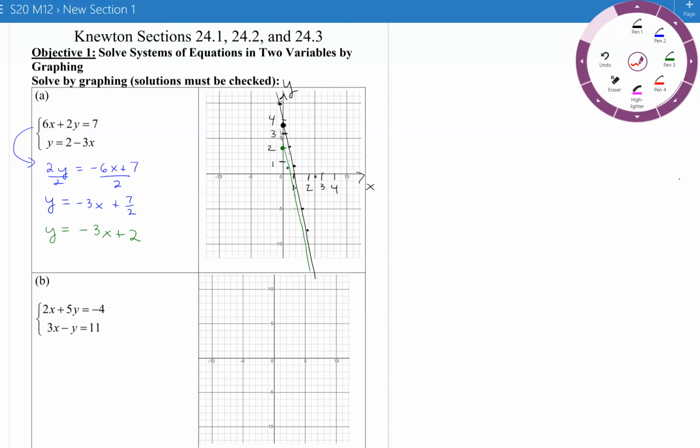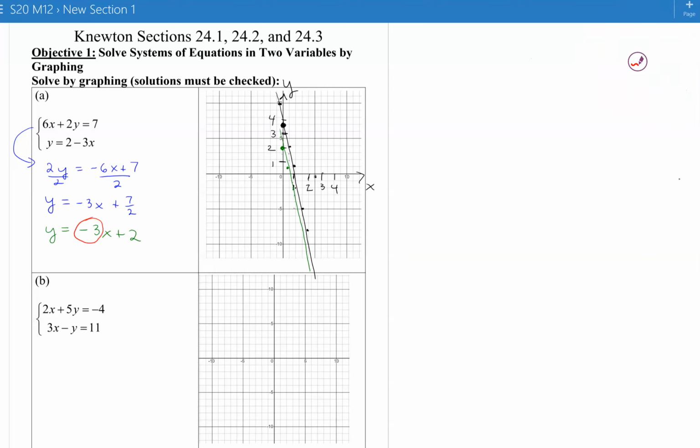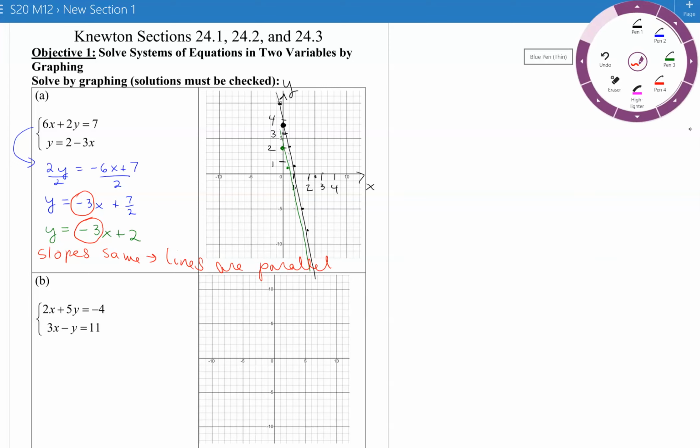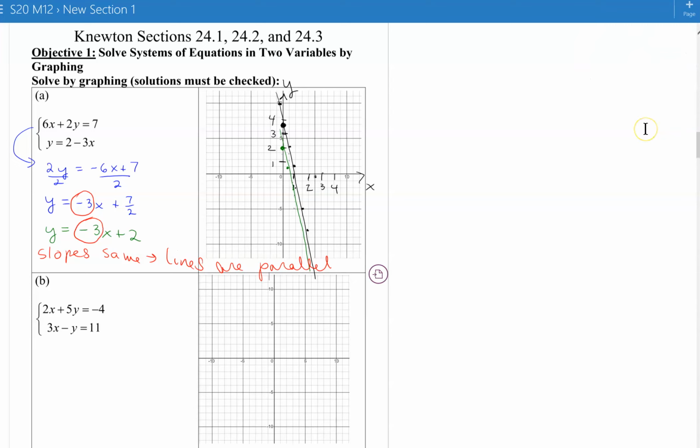Well, notice that the slopes are the same. And if the slopes are the same, recall that that means the lines are parallel. And because the y-intercepts are different, those lines never intersect and there is no solution.